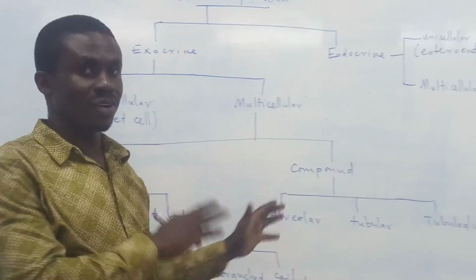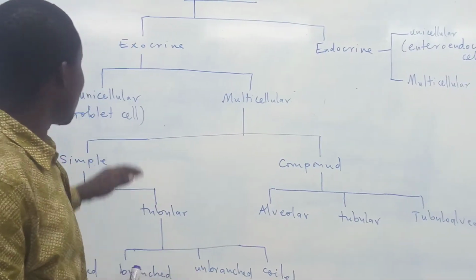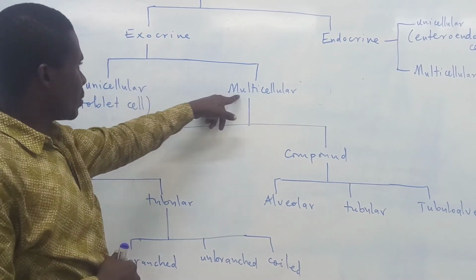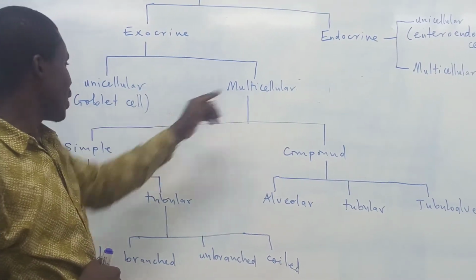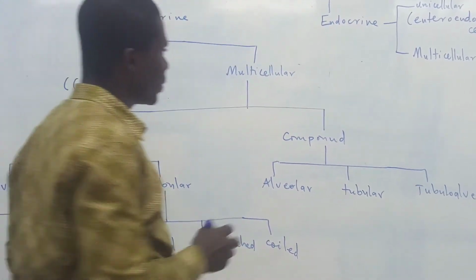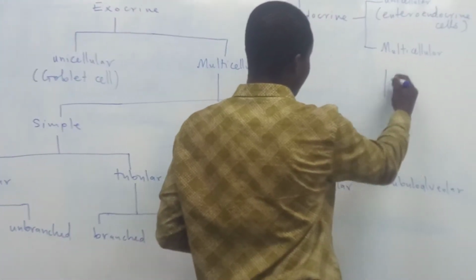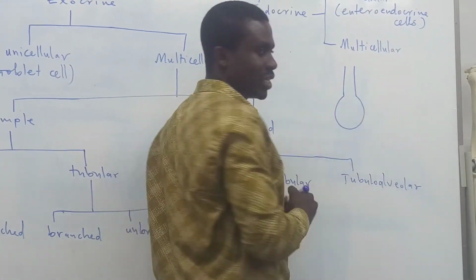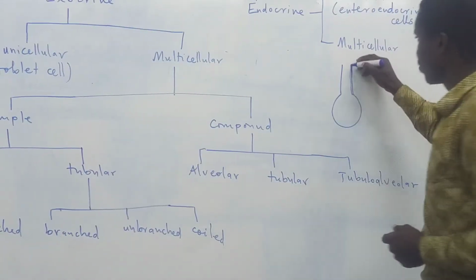When we look at the endocrine system, we look at the histology. Now, for exocrine, which is the most important, the multicellular ones could be simple or compound. If it's simple, you have the duct and the secretory units, and the duct is not branching.